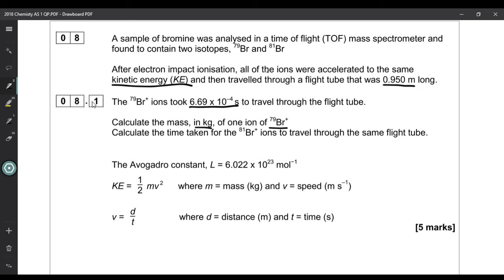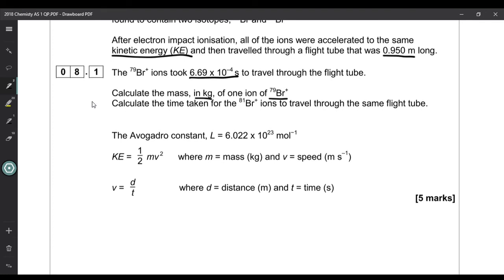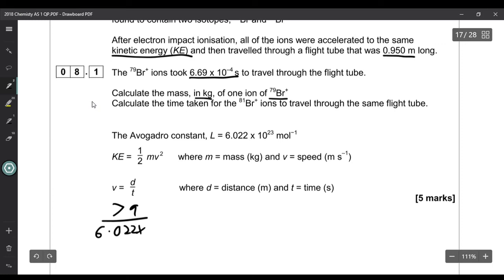So we know that 1 mole of Br79 is 79 grams. Now that means that Avogadro's number of Br ions will have a mass of 79 grams. We want to work out the mass of one of those ions, so it will be the 79 grams divided by Avogadro's number, which is 6.022 times by 10 to the 23.